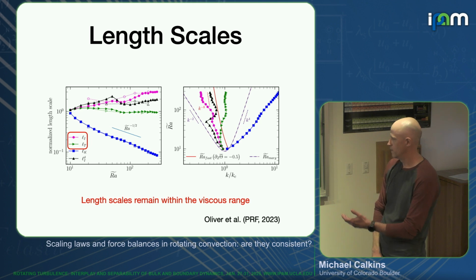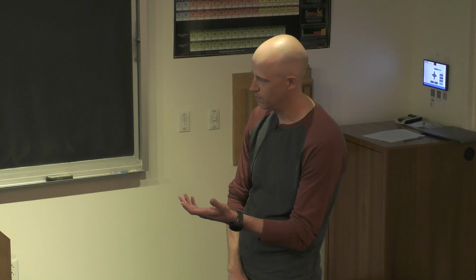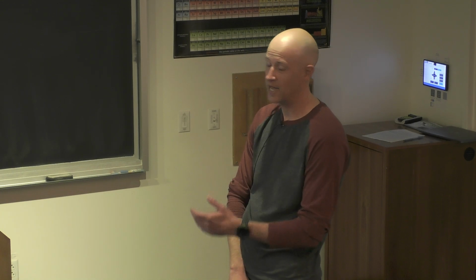So the conclusion from all this is that these length scales remain within the viscous range for rapidly rotating convection. And these are the most extreme simulations done to date with this model. So we can't rule out that it transitions at a higher Rayleigh number, but so far all these length scales are remaining comparable to that viscous scale.